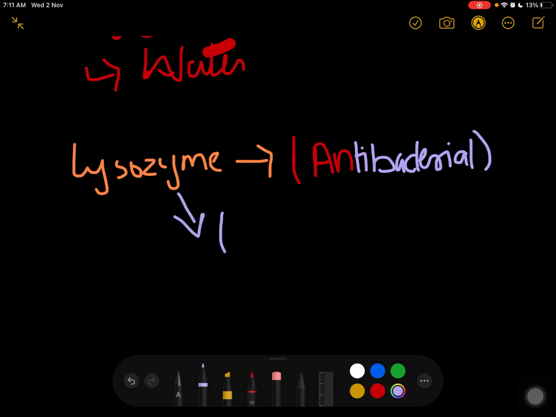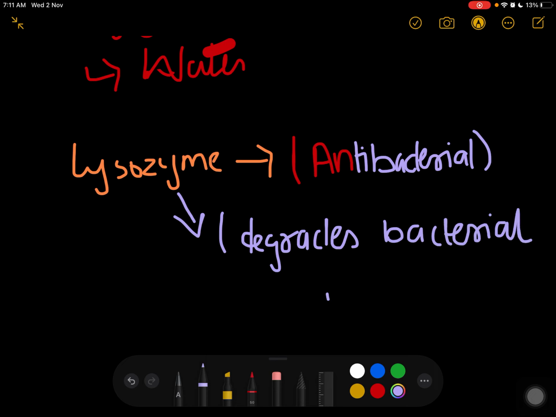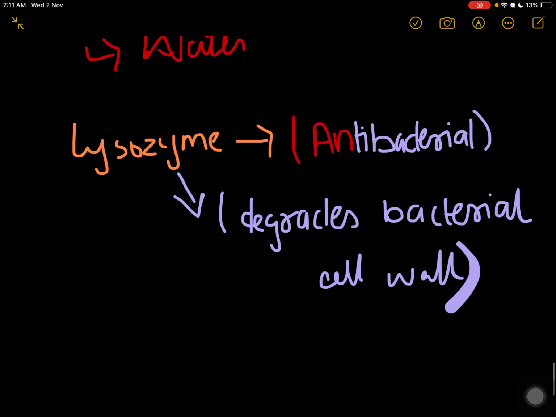The work of this lysozyme is that it degrades the bacterial cell wall. It degrades the bacterial cell wall.